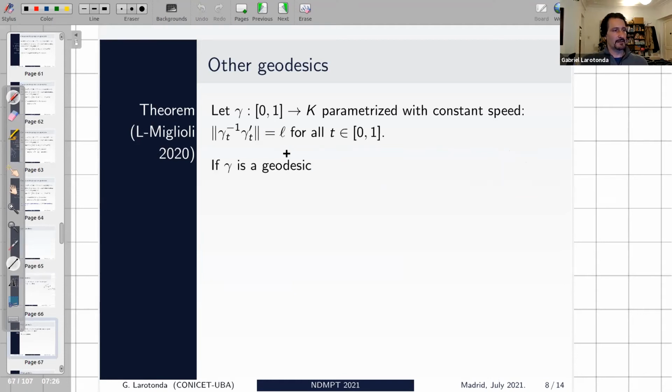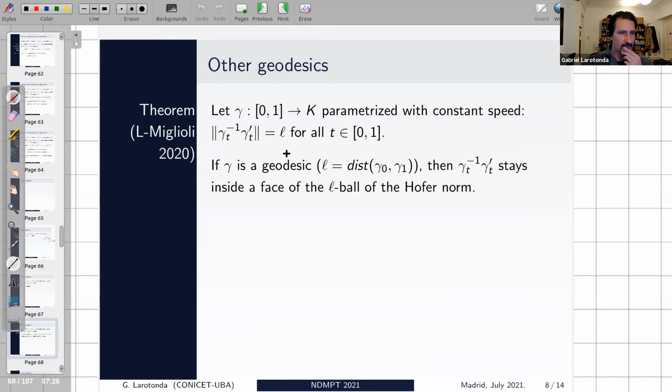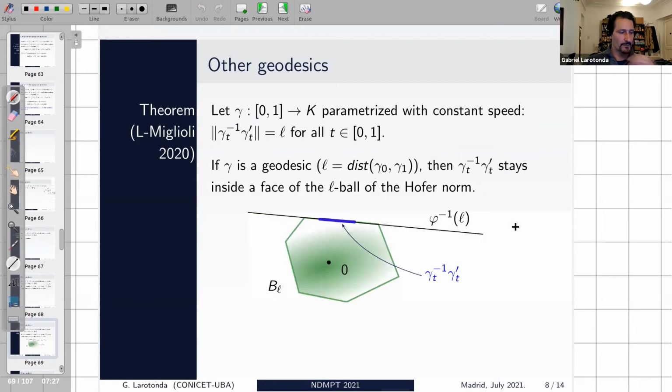And then, if it is a necessary condition for gamma to be a geodesic of the group K with a Hofer norm, then not the speed, but the logarithmic derivative of the speed, which is this object here, which is an element living in the Lie algebra, must stay inside the face of the ball of radius L for the Hofer norm, which is exactly this picture as before.